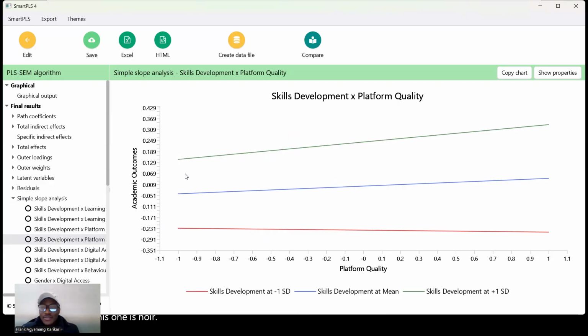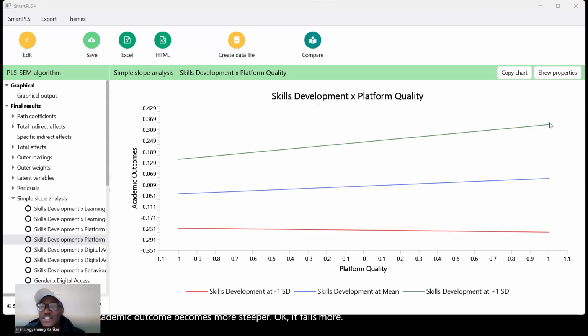This one is not parallel because it becomes the green one at minus one standard deviation. The moderating role of skills development between platform quality and academic outcome becomes steeper. Okay, it falls more.